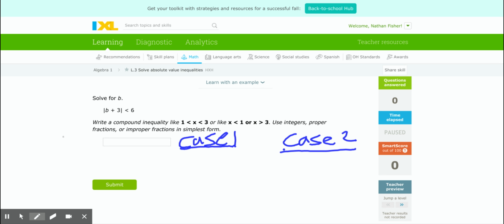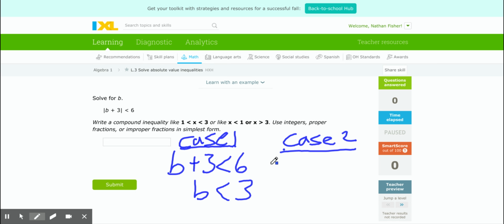So we're going to solve this pretty much as is for case 1. We're going to just drop the absolute value bars, and we're going to have b plus 3 less than 6. If I solve that by taking away 3 from both sides, I end up with values or numbers less than 3. That part's pretty self-explanatory.